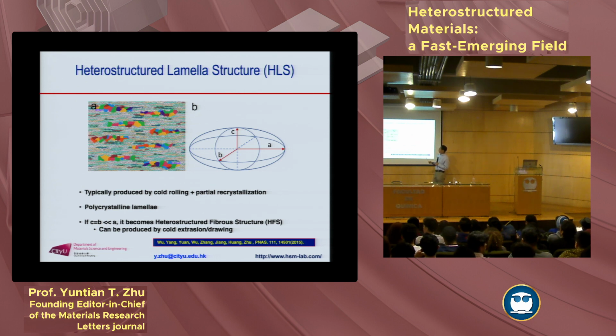Basically, if you deform it, use cold rolling, and then you do a partial recrystallization, then you get this kind of cluster of large grains in a matrix of ultrafine grains. And this size geometry, you can control it through your thermomechanical treatment.